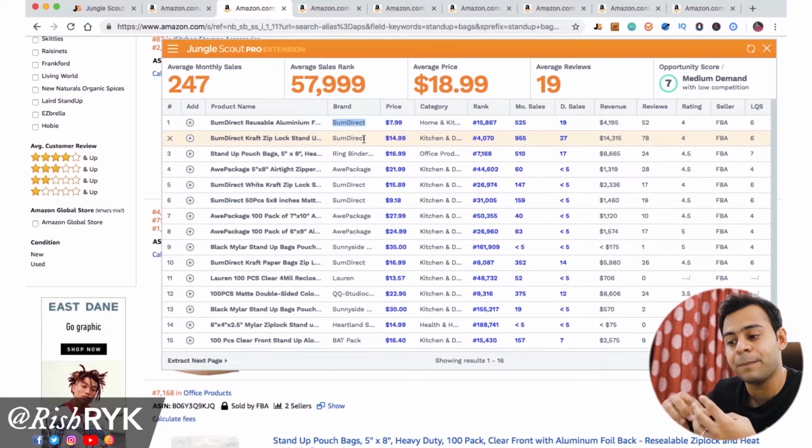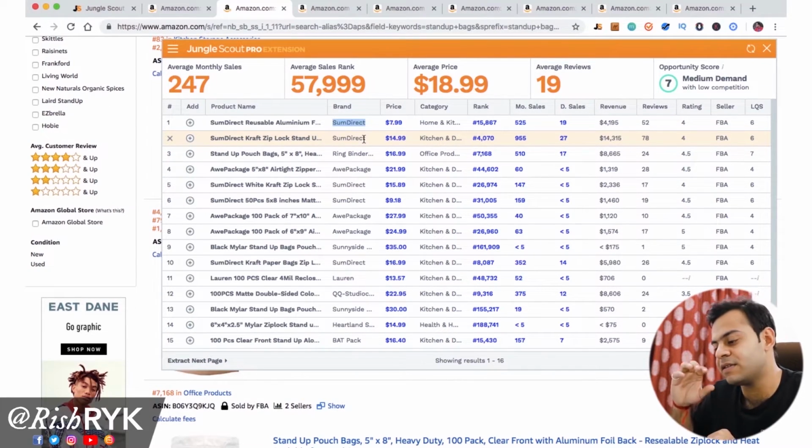If you see a very big brand dominating, you might want to relook at this product, because usually when a big brand is part of a product space, they have a lot of patents, design rights, and selling rights as well, and you wouldn't want to compete with them, because you will never be able to. So that's just something you might want to check.